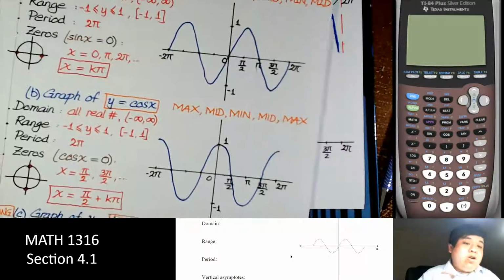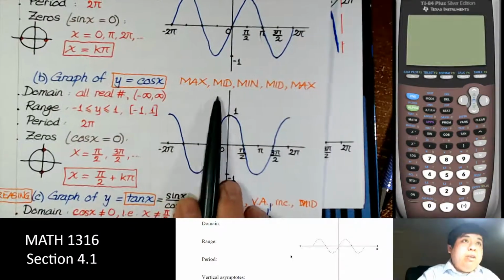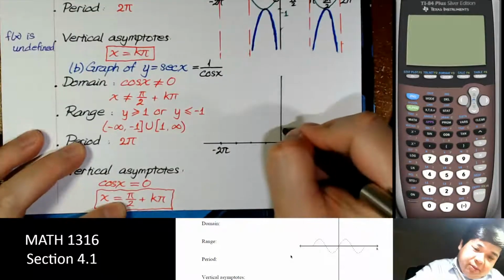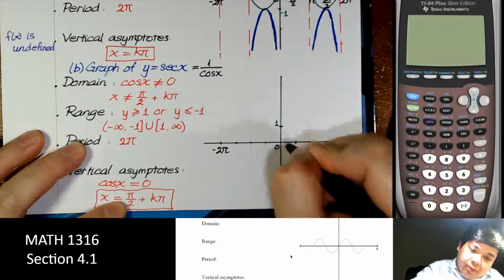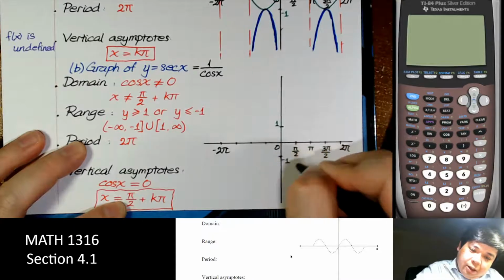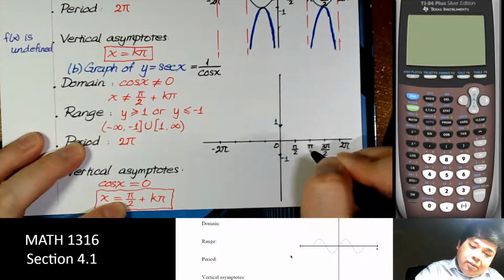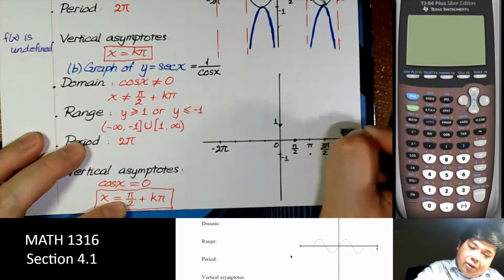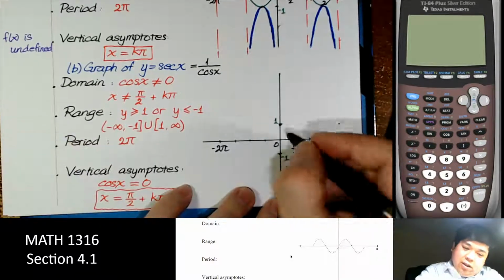And the cosine function, the pattern is maximum, middle, minimum, middle, max.